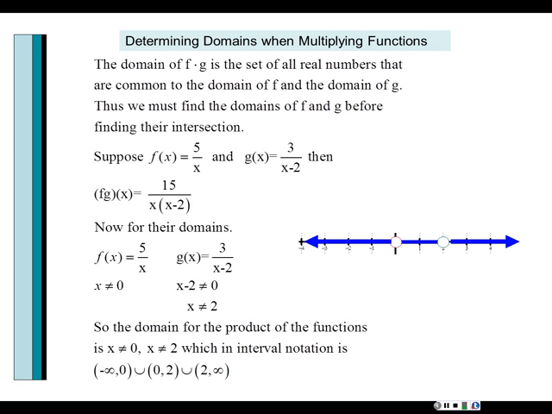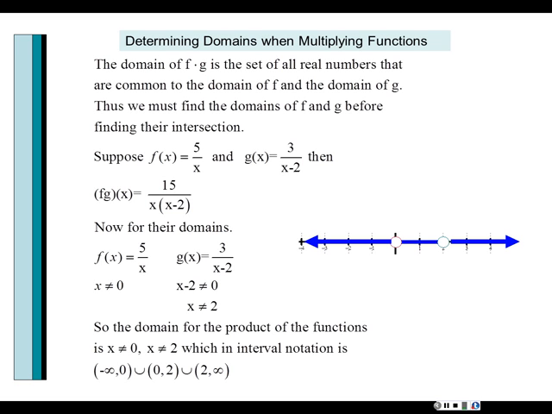We will take all the points except 0 and 2. Look at how we wrote this. We are taking everything from -infinity to 0, but 0 is not included. Again, we start from 0 and take everything all the way to 2, but 2 is excluded. And we again start from 2, not including 2, all the way to infinity.